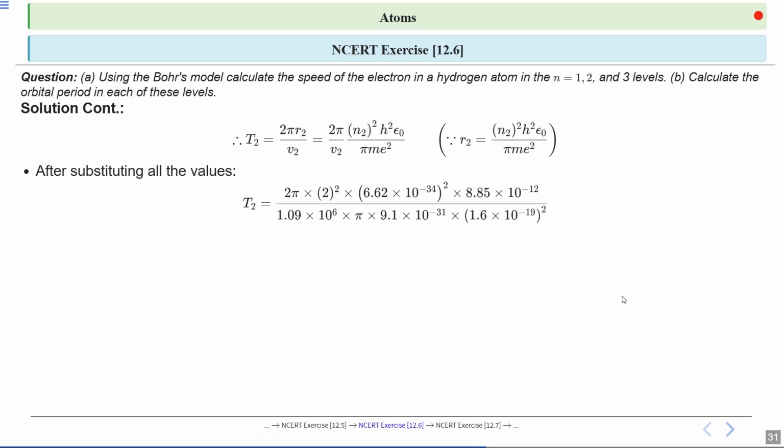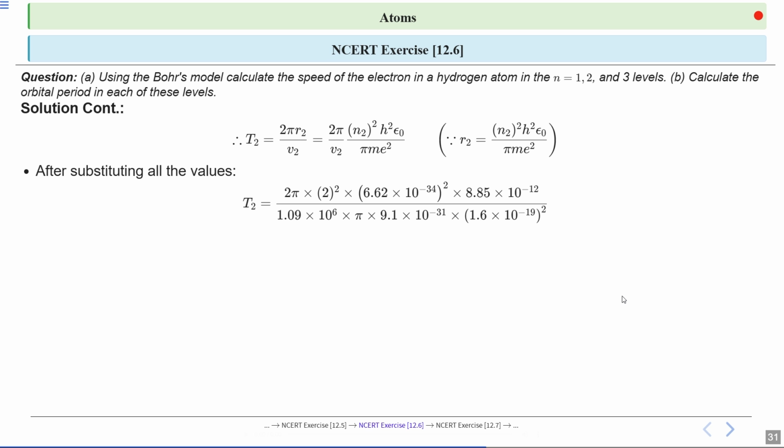We have 2 pi times 2 squared times Planck's constant squared, that is 6.62 times 10 to the power minus 34, and 8.85 times 10 to the power minus 12, all divided by the product of electron speed, that is 1.09 multiplied by 10 to the power 6 at n equal to 2, multiplied by pi times 9.1 multiplied by 10 to the power minus 31, that is the electron mass, and multiplied by the square of electron charge, that is 1.6 multiplied by 10 to the power minus 19 squared.